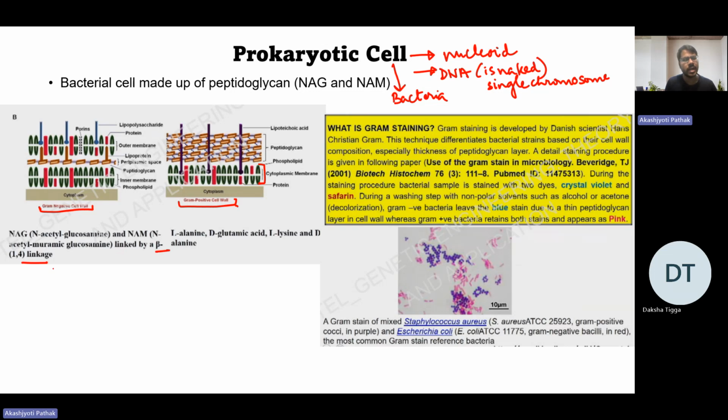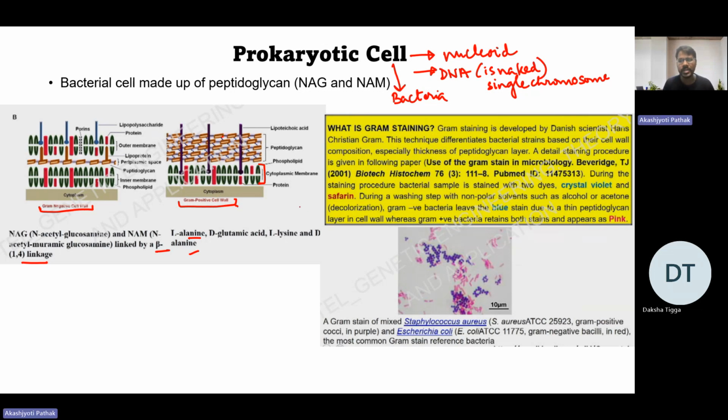To remember this, N-acetylglucosamine and N-acetylmuramic acid residues are linked by the beta-1,4 linkage, and also you can see that these monomers are cross-linked. Okay, they are cross-linked, and this cross-linking is done by this tetrapeptide, which is composed of L-alanine, D-glutamic acid, L-lysine, and D-alanine. Okay, so you can see this cross-linking between one layer of the peptidoglycan and the other layer of the peptidoglycan. So these blue colored lines are actually formed by this tetrapeptide. Okay, so this much information is enough.